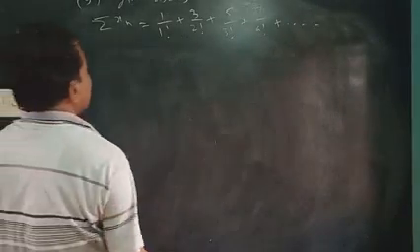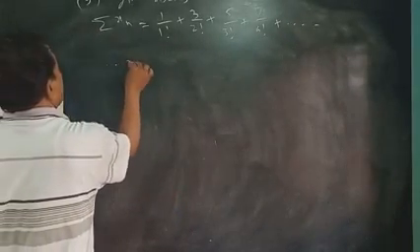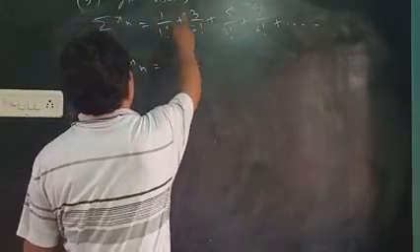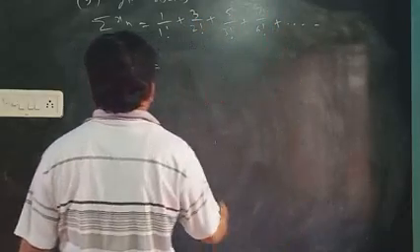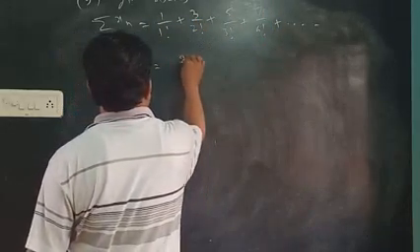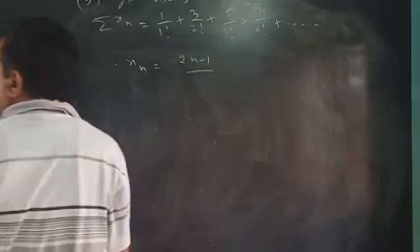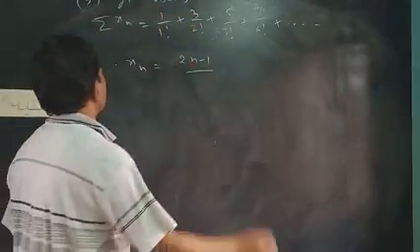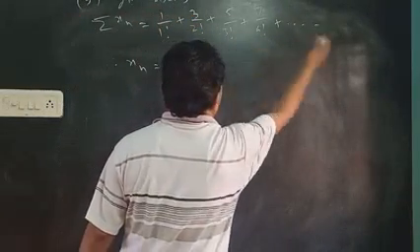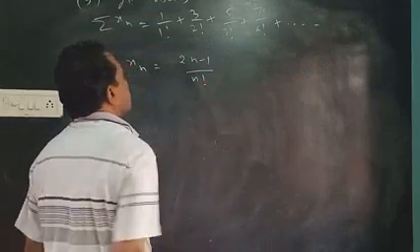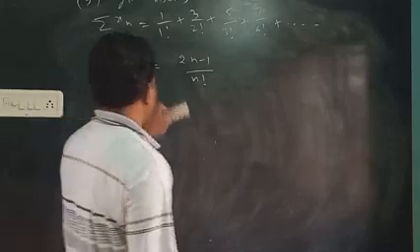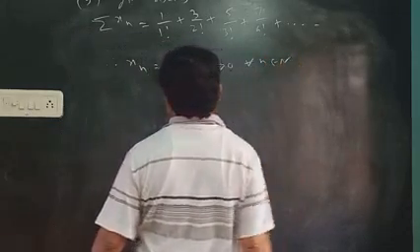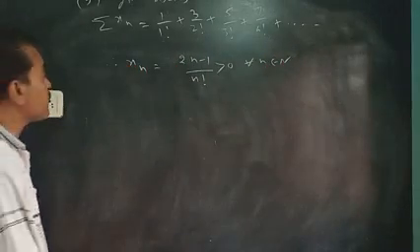So see the general term now. xn will be: 1, 3, 5, 7, odd numbers starting from 1, that is twice n minus 1. Starting from 3, twice n plus 1. 1 factorial, 2 factorial, 3 factorial, 4 factorial. What is there? n factorial. This is your xn. So of course, all natural numbers make it a series of positive terms.